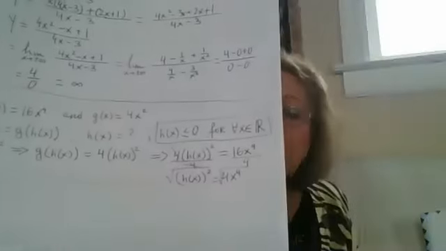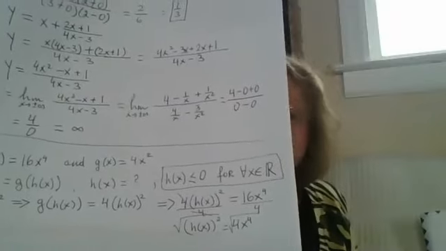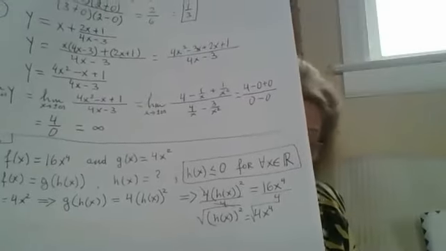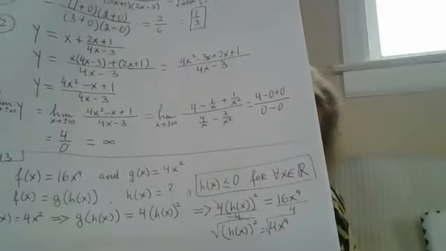For the root. Yes. But here it will not be the case because we have a condition, which I'm going to box right now, that for all x's from set R, h at x is negative or 0. Do you understand that? Yes.